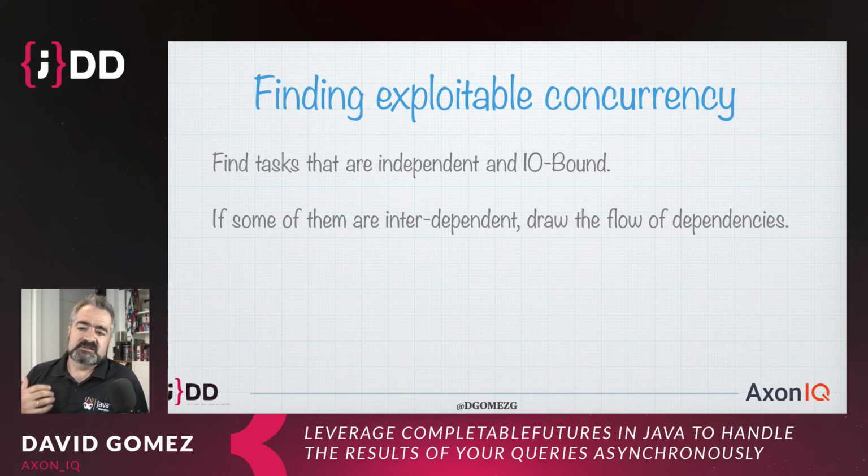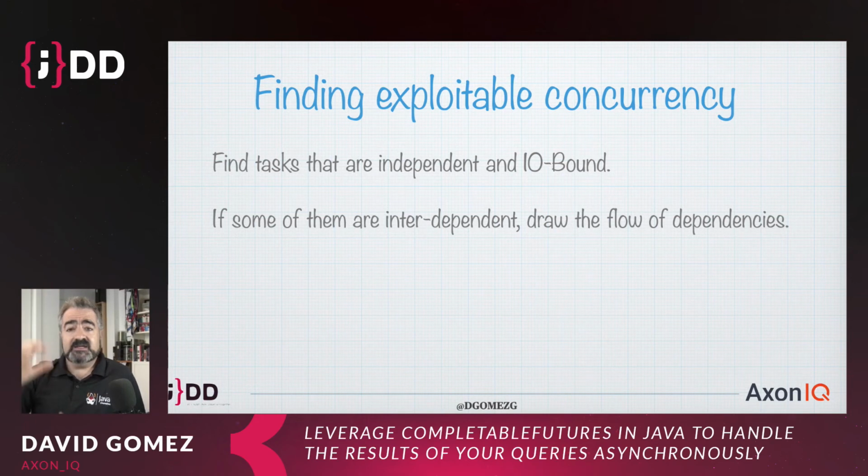Usually, it is very important to take a look into what are the IO-bound tasks. What are the tasks that are going to wait potentially for some network call to finish or for an external system to reply?